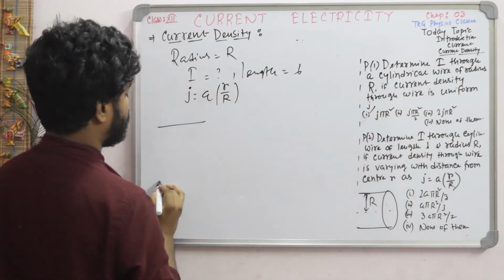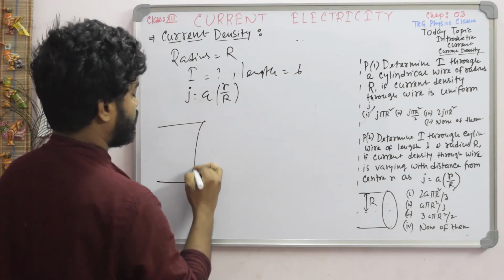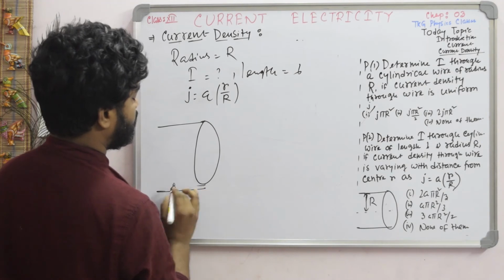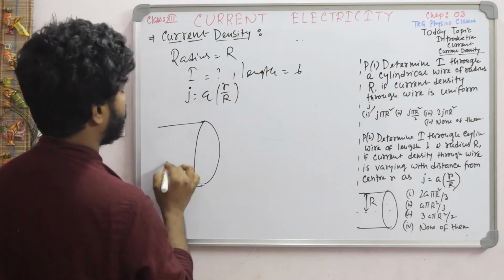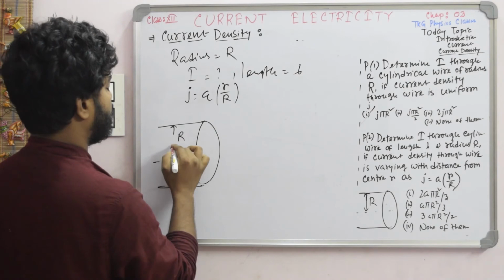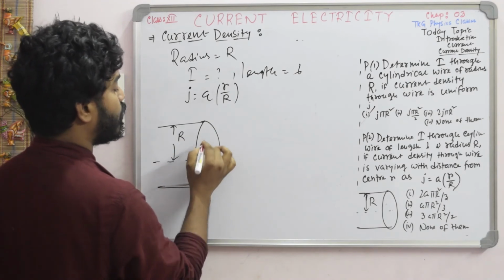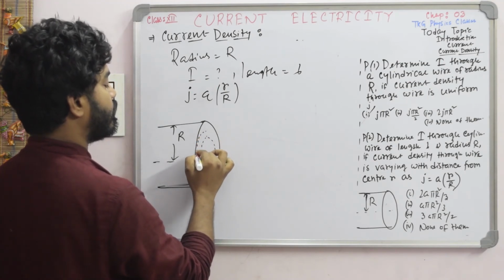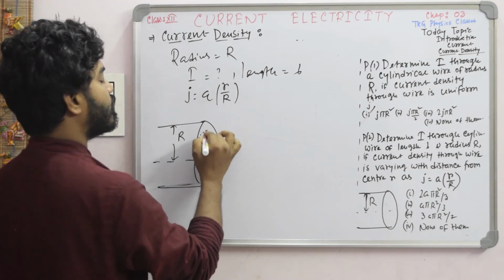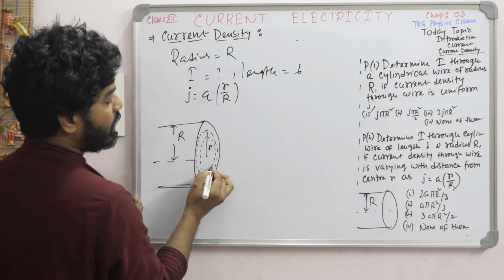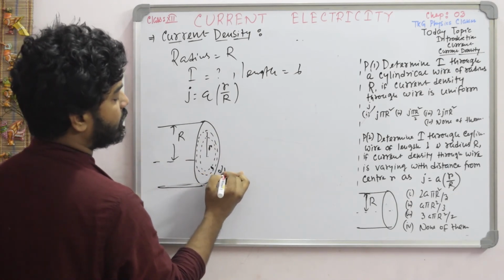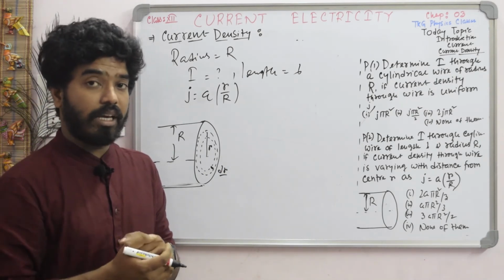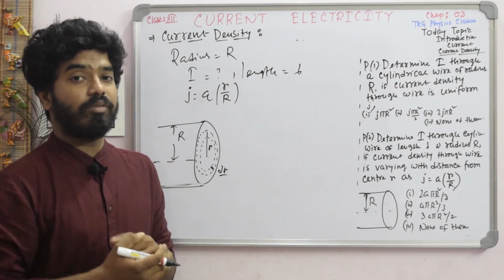So first draw this figure, this is the cylindrical part, radius given, this radius R. Here first of all you have to consider a ring of smaller radius r, and this thickness is dr. So first of all you have to find out the current for a small area of cross section.